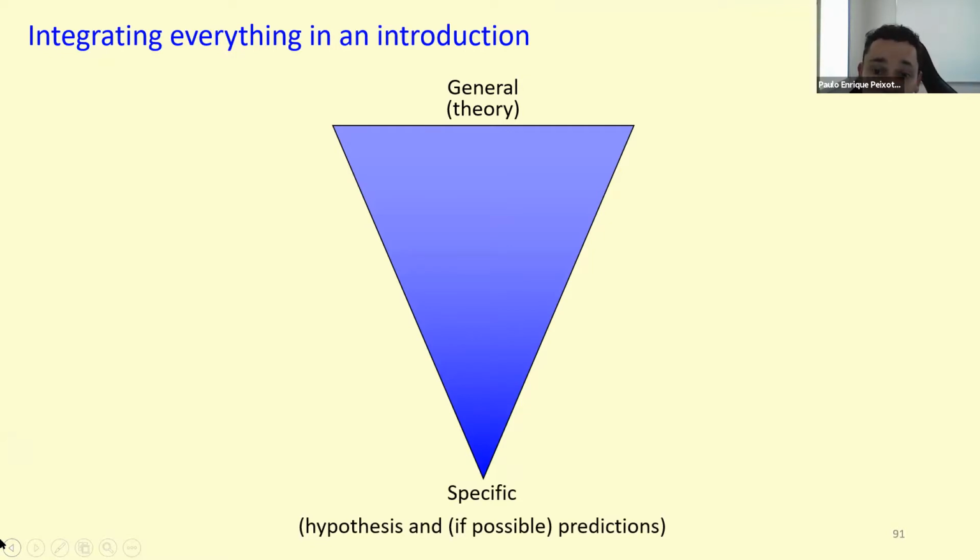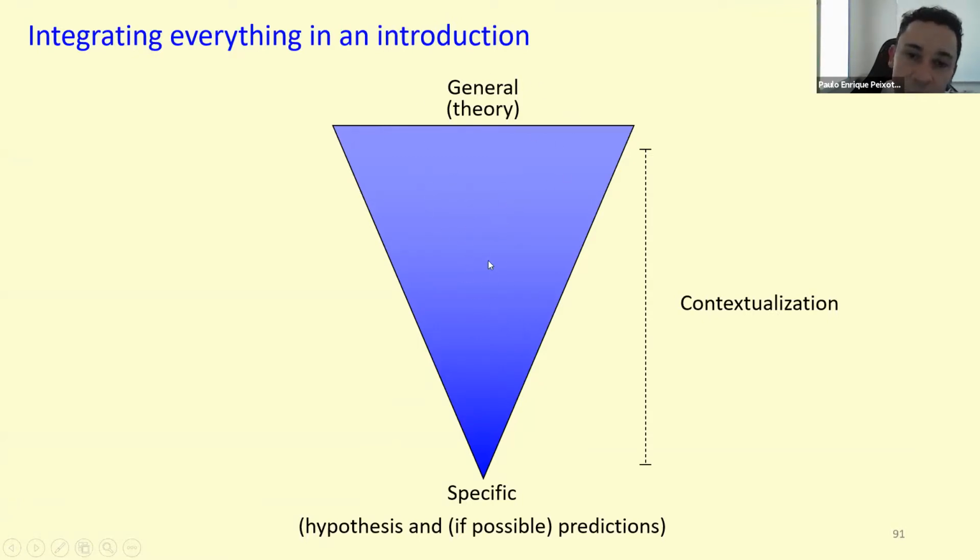And inside this, I have what is called the contextualization. Oh, I cannot say this in English, sorry. Basically, I have to show what my rationale was, how I took some specific parts of this general theory and arranged them in causal relationships that lead the reader to understand why I thought about a given hypothesis.